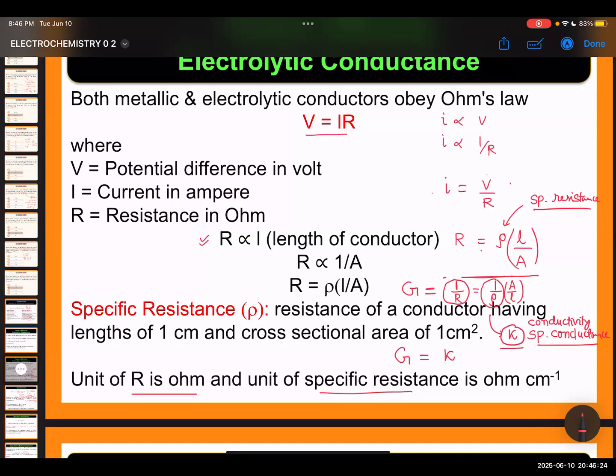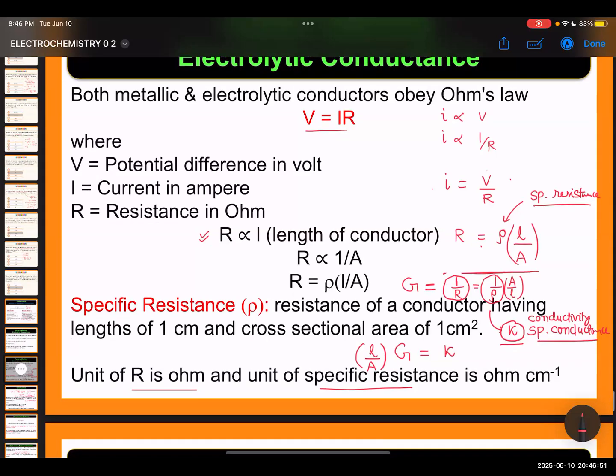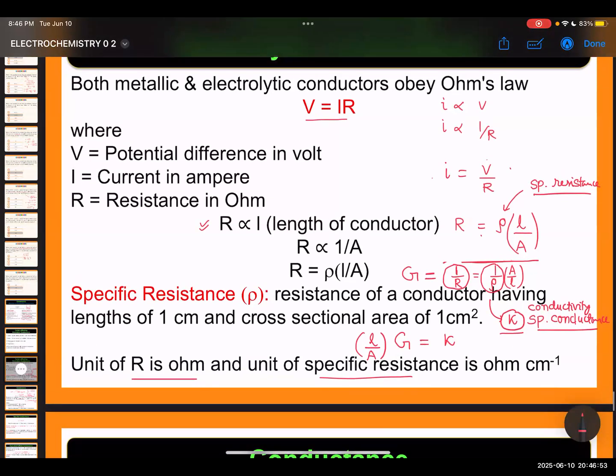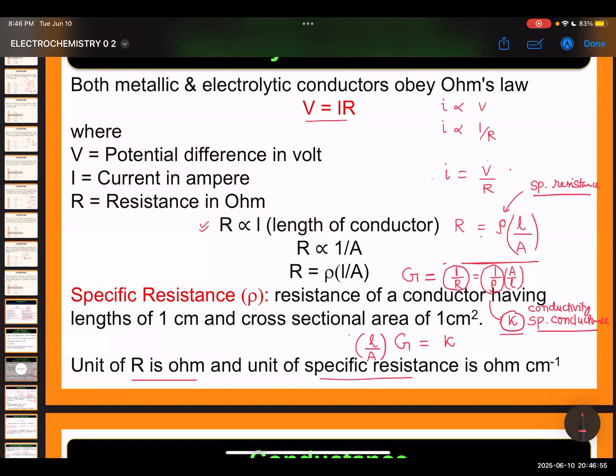If I keep kappa alone, I take this L by A to the left hand side. These are the length and the cross section area of the conductor, so this is related to the dimensions of the conductor. Is it clear? This is known as cell constant.